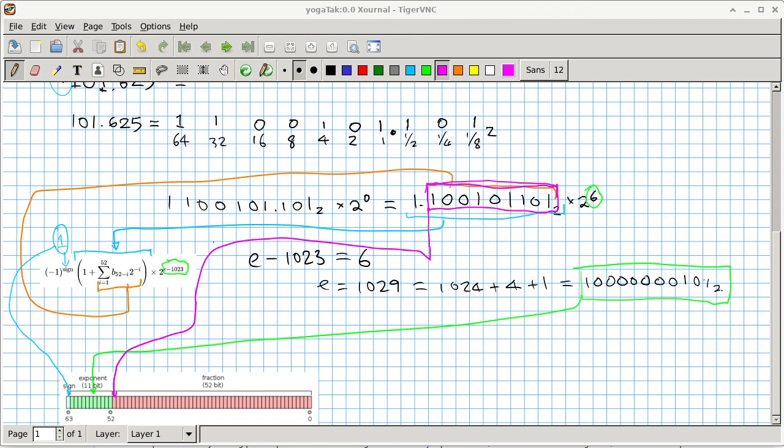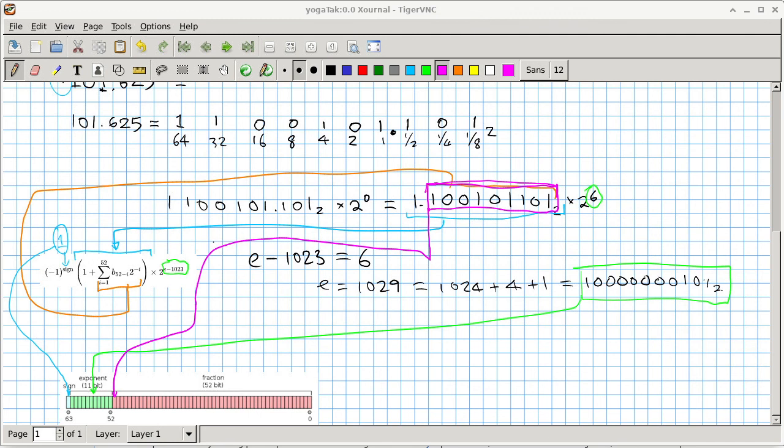We just pad zeros all the way to the right-hand side. Are we good so far? Questions?